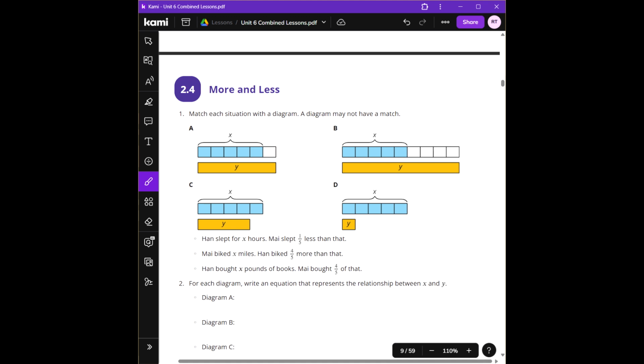All right, so for the first one, we have Han slept for X hours, and then May slept 1/5 of that. So we could say that Y is May.